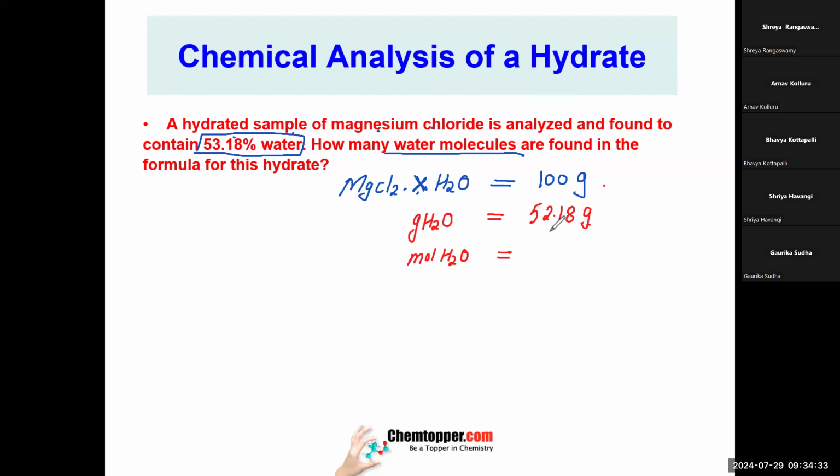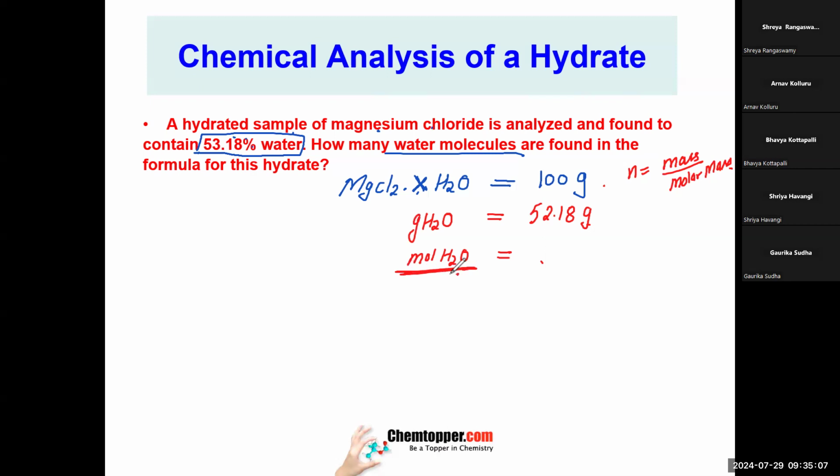You know the molar mass of water? You can use this equation, n equals mass over molar mass. Get the answer. How many moles of water, children? All of you know the molar mass of water? Yeah, so how many moles of water?